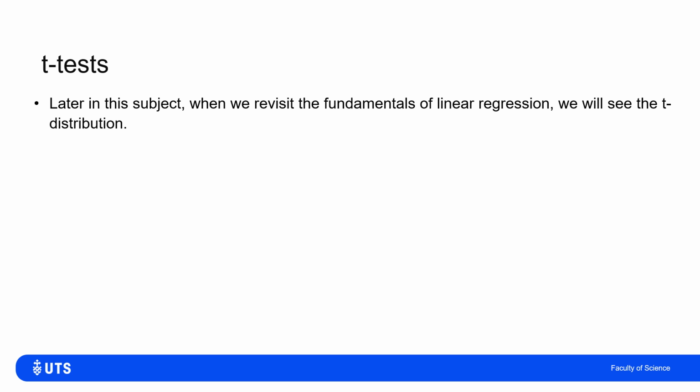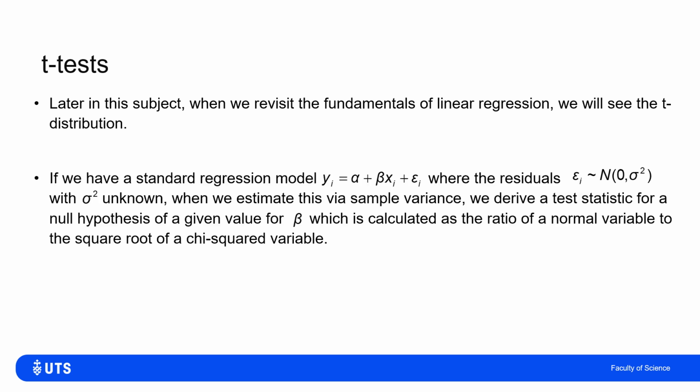I won't go into it here, but we will see the t distribution again later when we revisit the fundamentals of linear regression. And the reason for that is if I've got a standard straight line linear regression model, y is alpha plus beta x plus residual error, epsilon, intercept alpha, slope term beta.